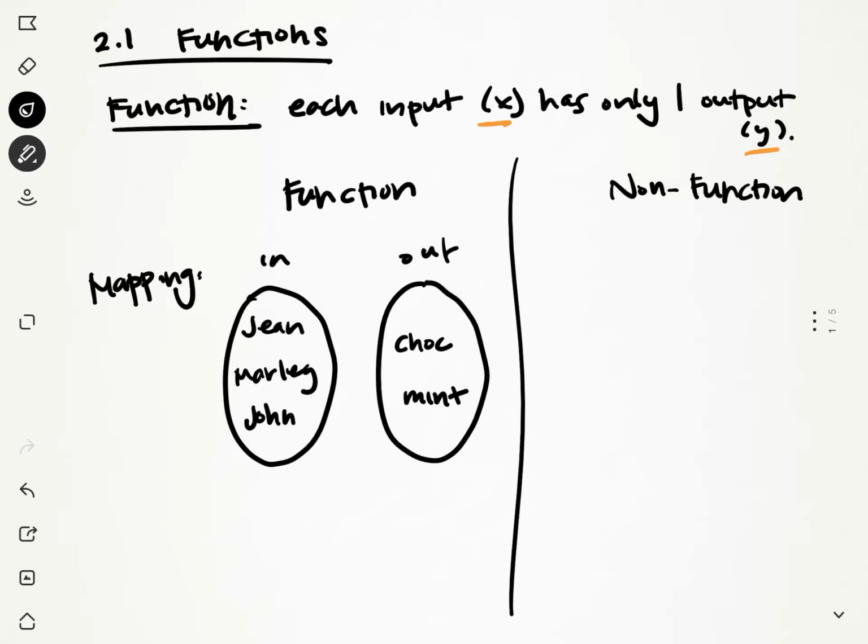For a function, remember each input has only one output. So let's say Gene likes chocolate, Marley likes mint, and then John also likes mint. This represents a function because each of those people only has one output. They only like one type of ice cream, or that is their favorite type of ice cream. Even though Marley and John both like mint, it's still a function because each of them only has one.